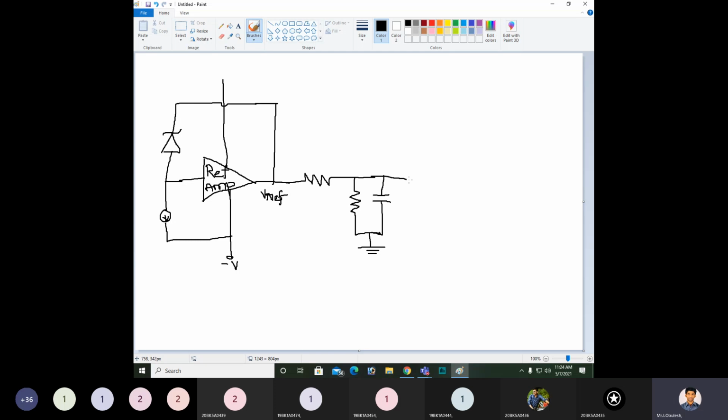Which is connecting to the non-inverting input terminal of the op-amp.